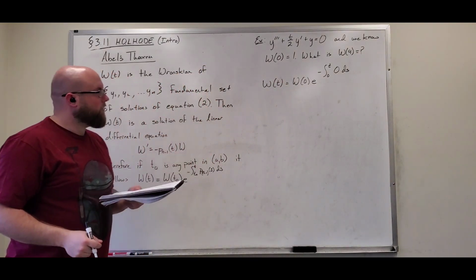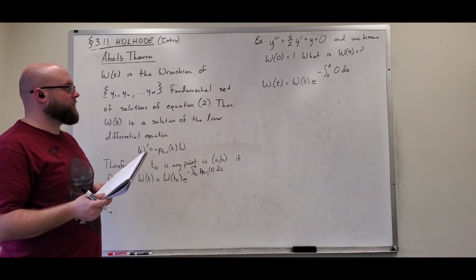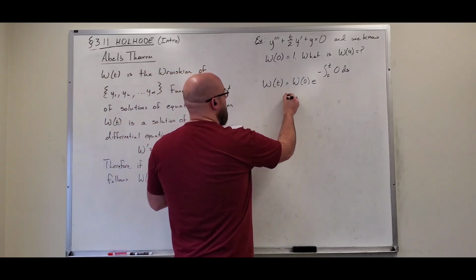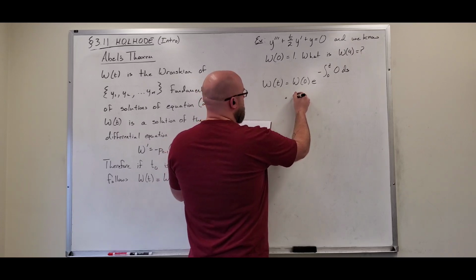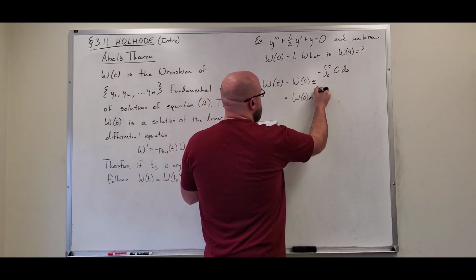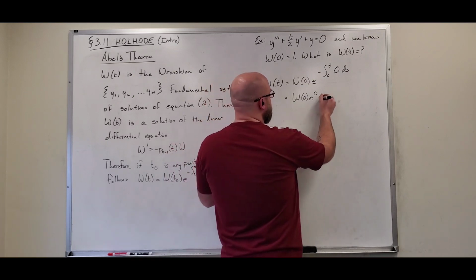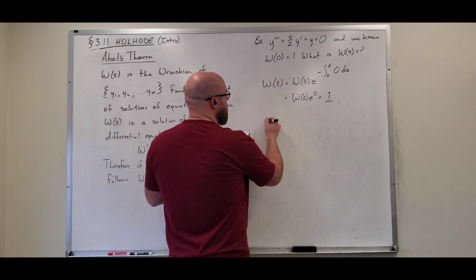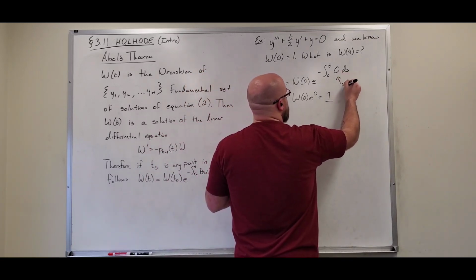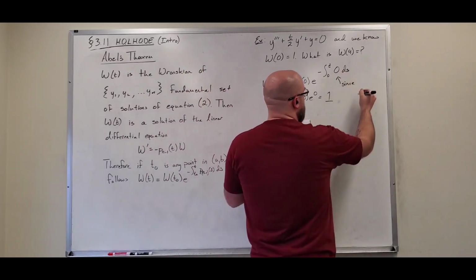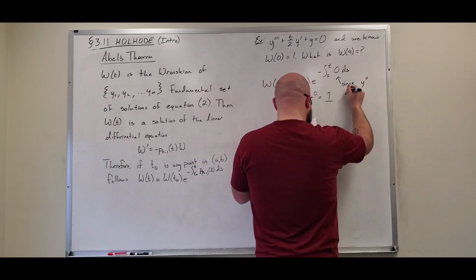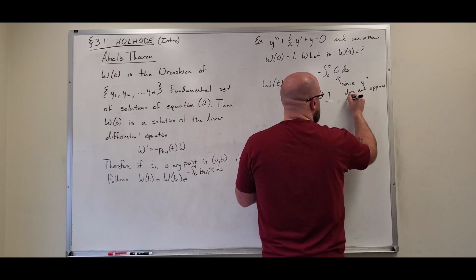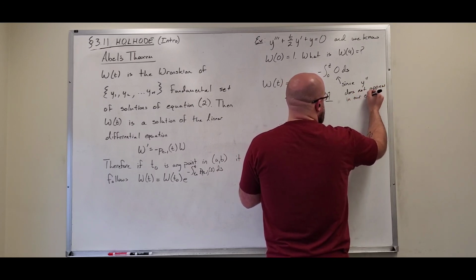The integral of that evaluated at 0 is still 0. It's a constant. So in this case, we get W of 0 times e to the 0, which is just going to give us the value of 1. Again, this is since y double prime does not appear in our equation.